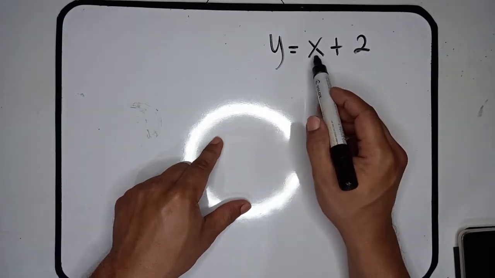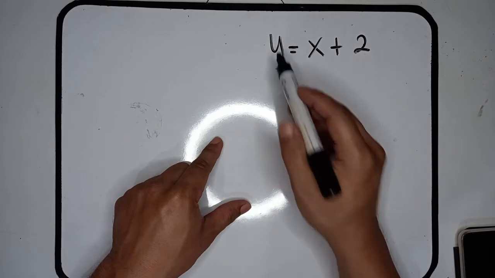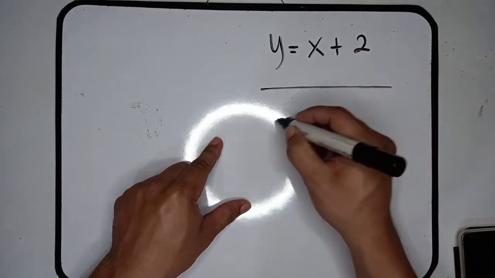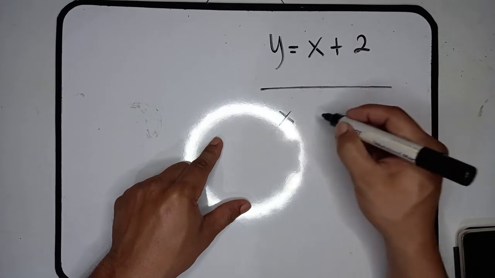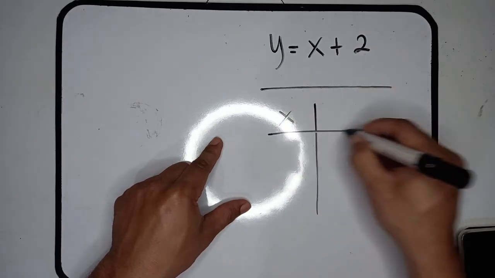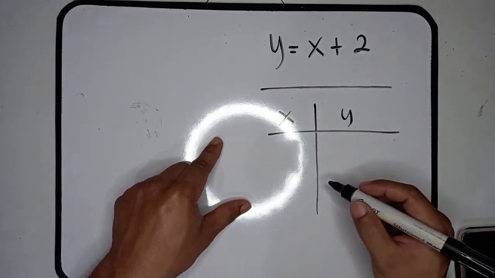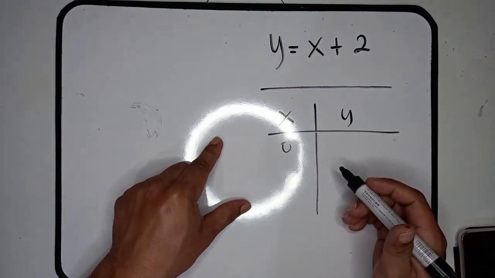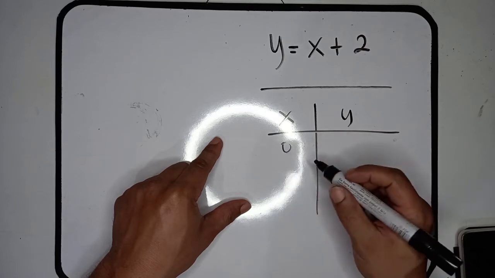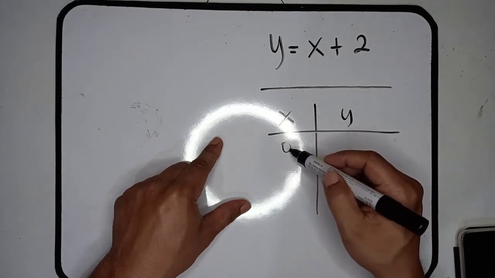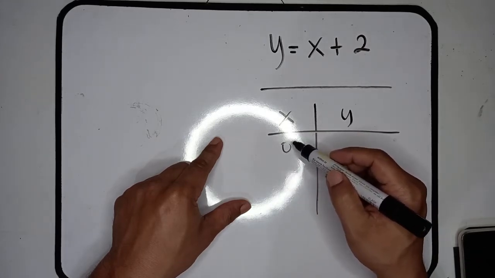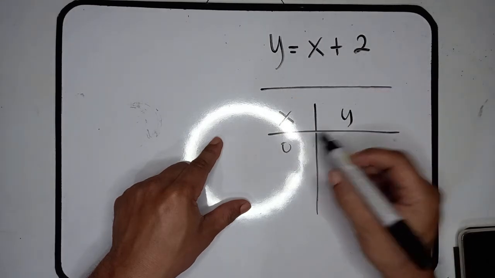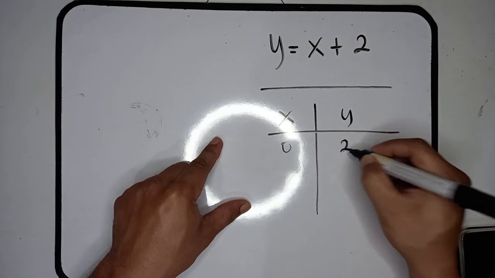Whatever the value of x added by 2, that will be our y. So we can create a table with x here and y here, and then let's start at 0. Let's give our x a value of 0, and then 0 plus 2, that is now our y. So it means that our y is 2.